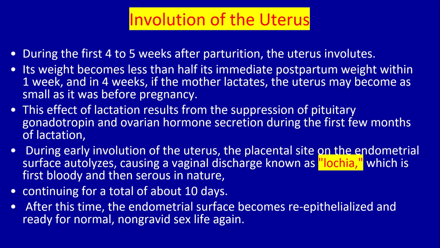During early involution of the uterus, the placental site on the endometrial surface autolyzes, causing a vaginal discharge known as lochia, which is first bloody and then serous in nature, continuing for a total of about 10 days after birth of the baby.